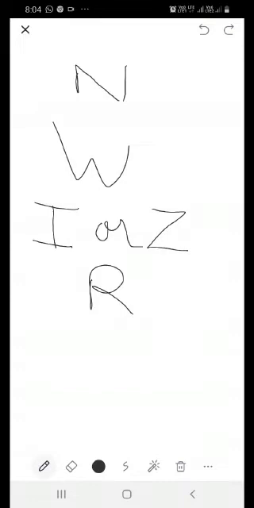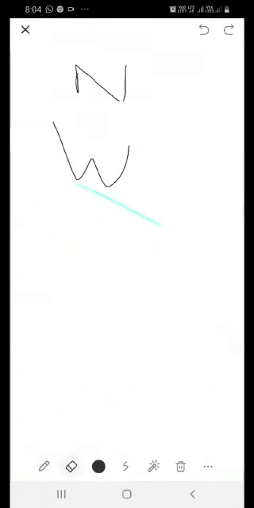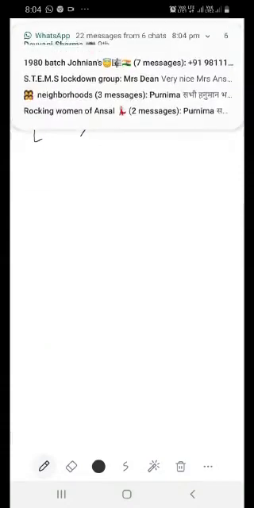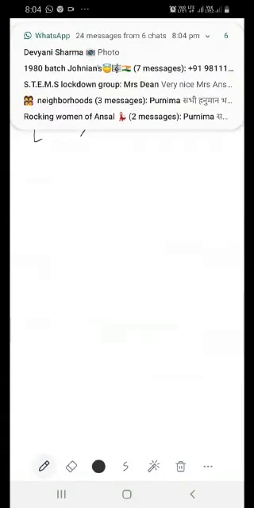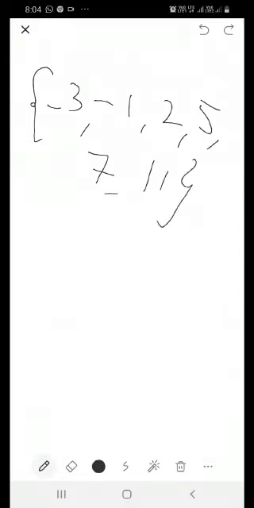But sometimes in the replacement set, some particular elements are given to you. Suppose I write minus 3, minus 1, 2, 5, 7, 11. This may be the replacement set.